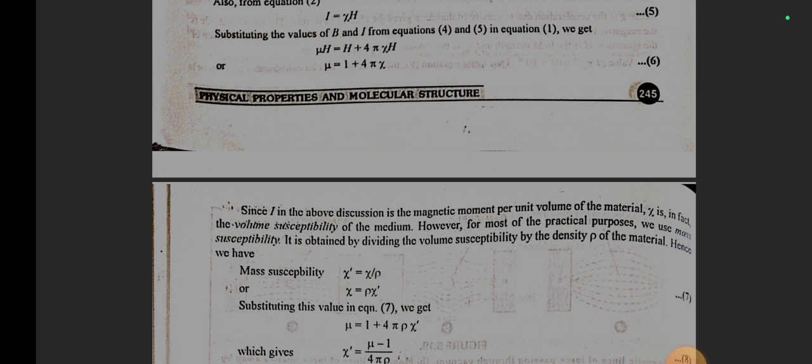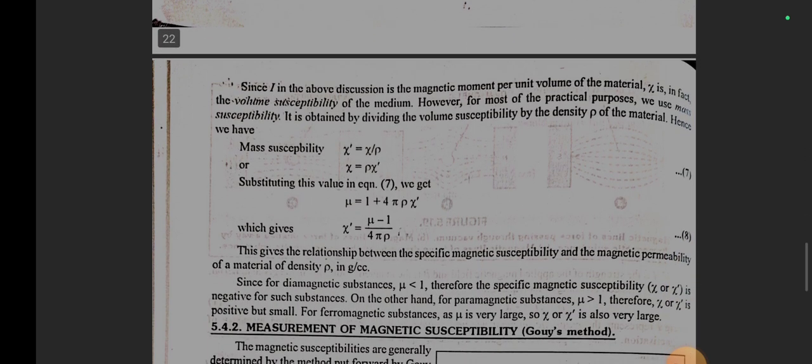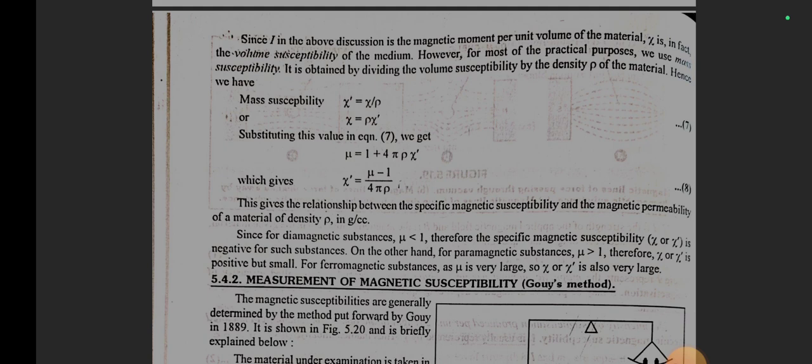Since I in the above discussion is the magnetic moment per unit volume of the material, χ is in fact the volume susceptibility of the medium. However, for most practical purposes we use mass susceptibility. It is obtained by dividing the volume susceptibility by the density ρ of the material.